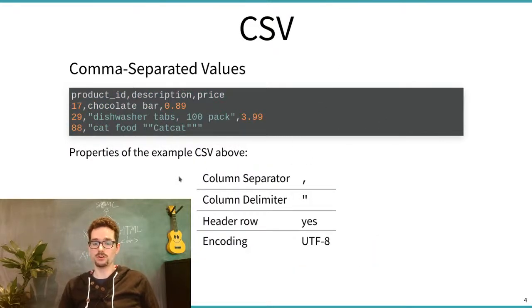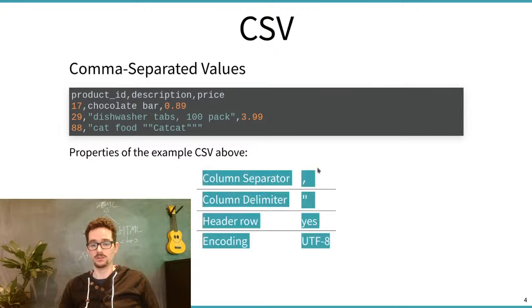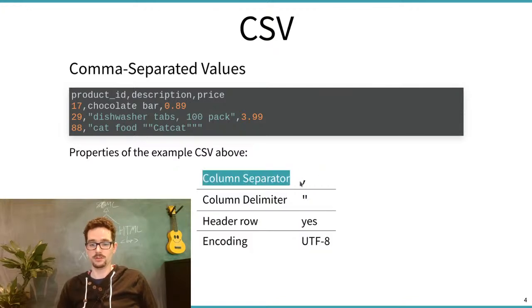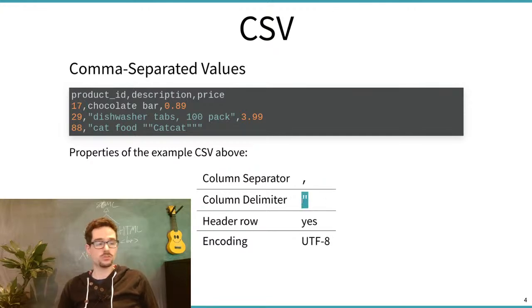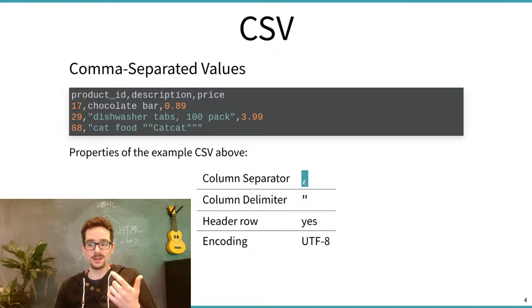So the properties of this CSV file here is we have a column separator, comma, a column delimiter. This character is used when you need the comma, your column separator, in the string of the column itself. So here we have dishwasher tabs, comma, 100 pack.